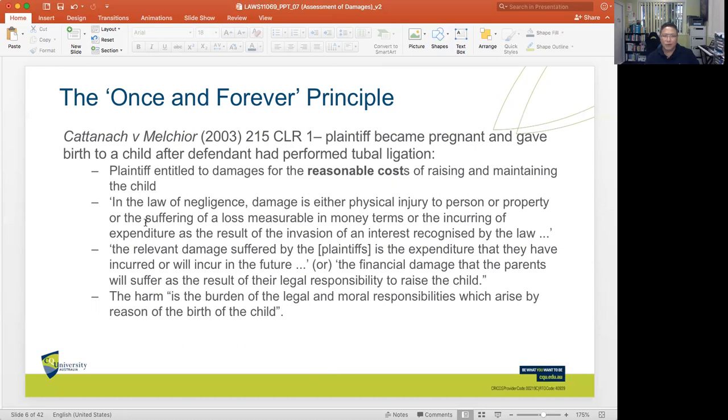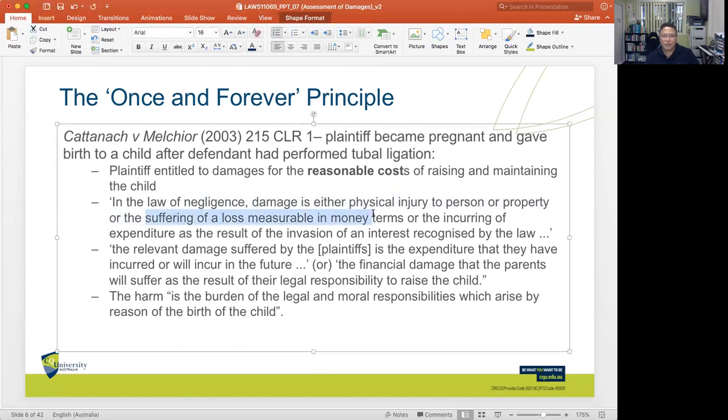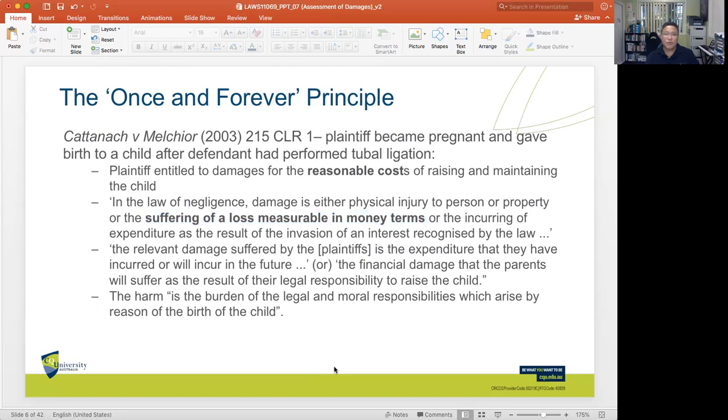Now, although the court said that it's all about suffering of a loss measurable in money terms or expenditures, we will also know that, especially in the case of what are known as general damages, it often is difficult to arrive at a mathematical precision as to the amount of money that should be paid out or potentially has been sustained. And in that case, as we see, that will not be a bar to damages being awarded by the court anyway.